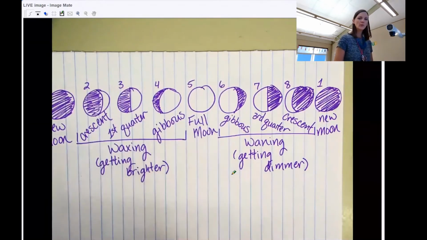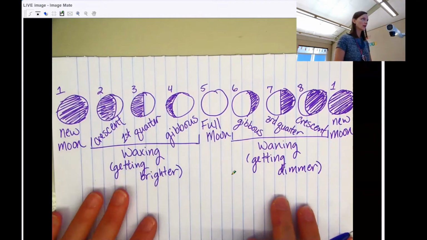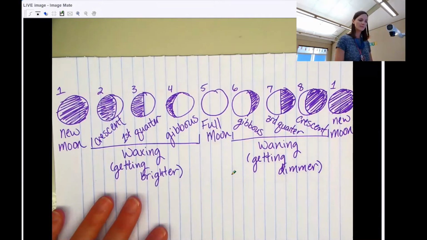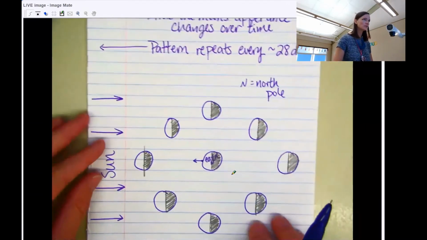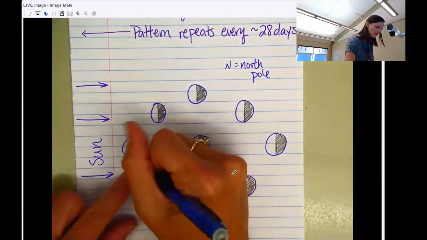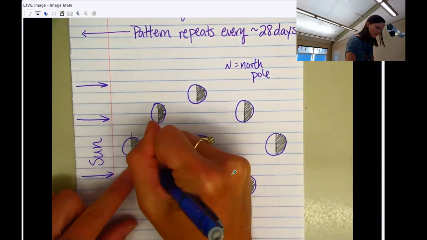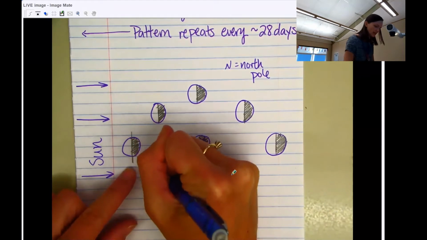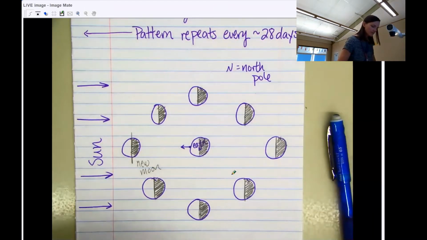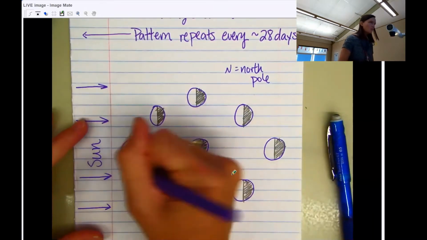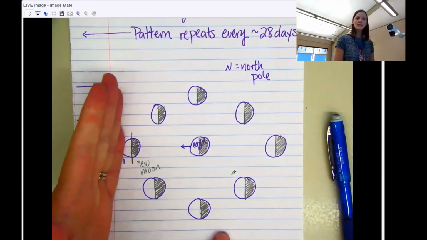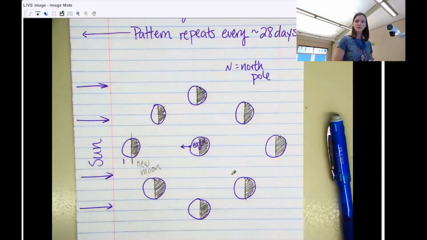What would that correspond to on our original drawing? A side that was completely shaded. That's going to be the new moon. So in your model, this is going to be the new moon. This is position 1, because the half of the moon that we can see is completely in shadow.